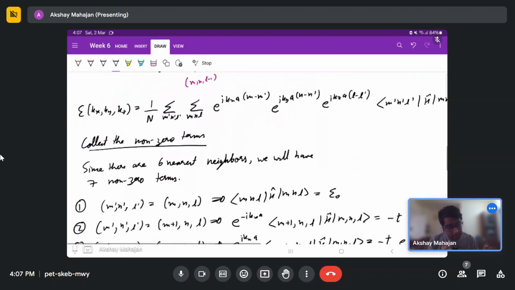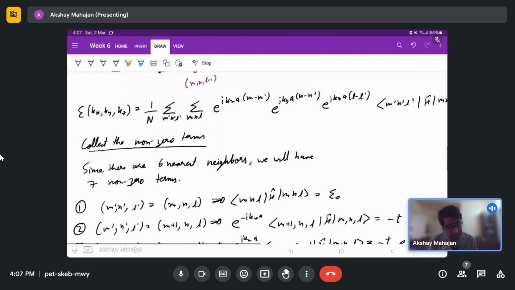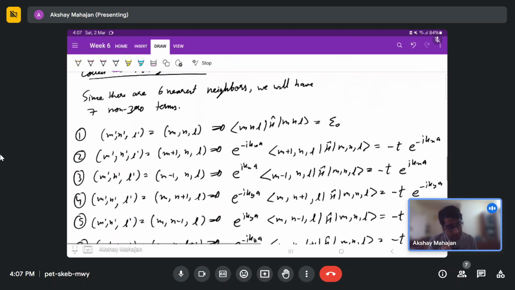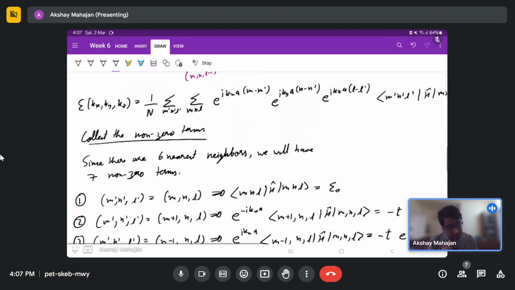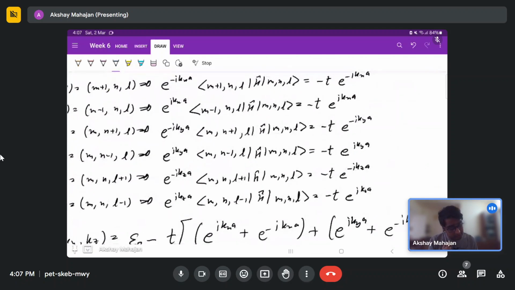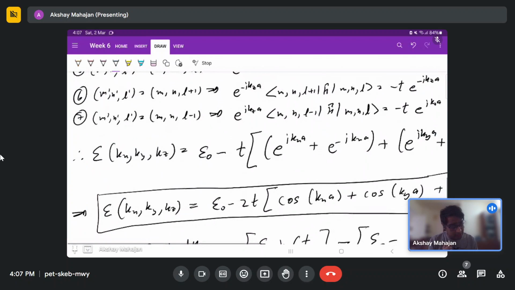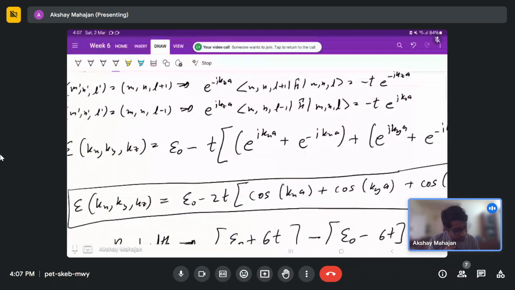Then the procedure was we collect the non-zero terms. Since there are six nearest neighbors, we will have seven non-zero terms. One will be the self term and the others correspond to the six nearest neighbors. So according to the six nearest neighbors, we can find all these terms, and then we can find our energy dispersion. Just putting in the values, we found our dispersion relation.